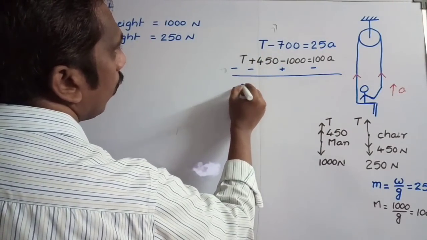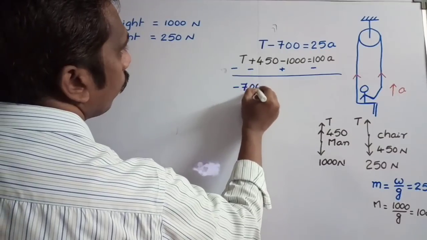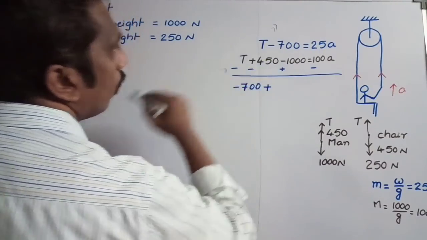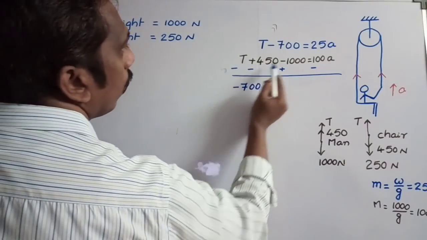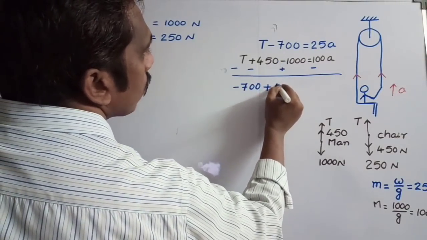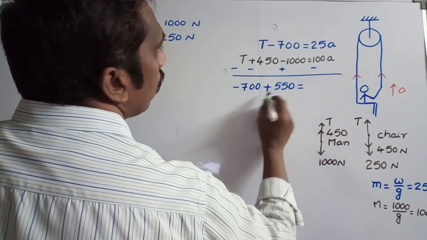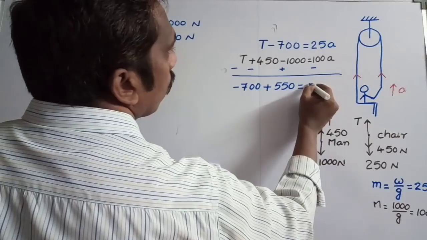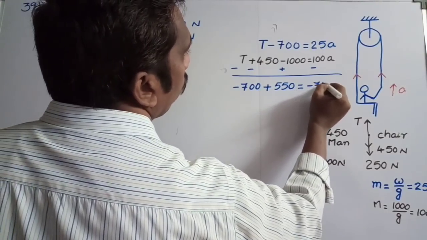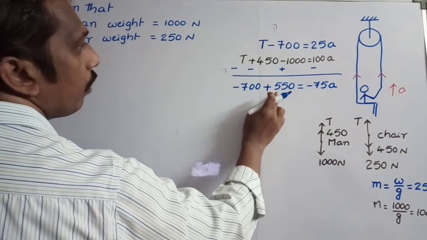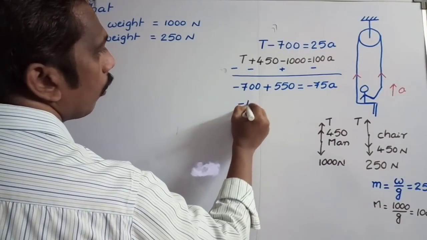So we write minus 700 plus 1000 minus 450, which becomes plus 550, is equal to 25 A minus 100 A, that is minus 75 A. Minus 700 plus 550, if you simplify, we get minus 150.